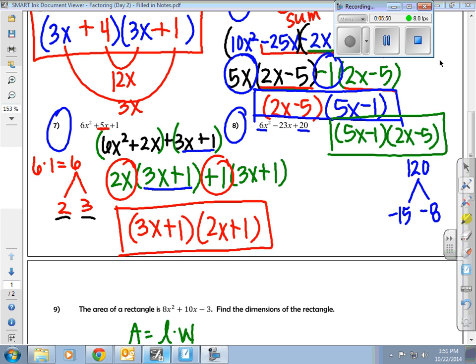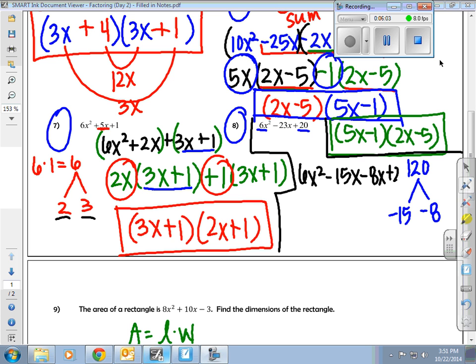Now I'm going to go ahead and rewrite. I would have 6x squared minus 15x minus 8x plus 20. Then I would group the first two and the last two. I would look at the first part and notice that I can factor out a 3x.